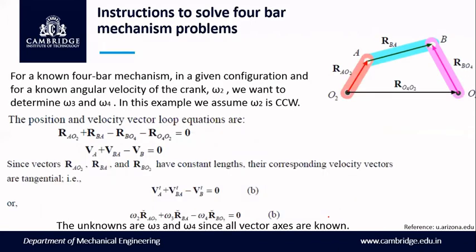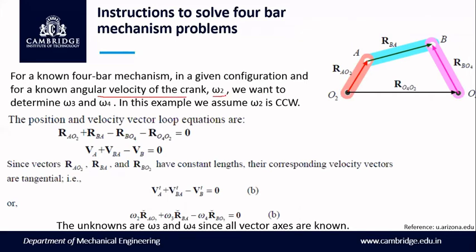Some instructions to solve 4-bar mechanism problems: on the right-hand side we have given the configuration diagram. Let us assume we know some parameters of this 4-bar mechanism and we know the angular velocity of the crank, omega 2.